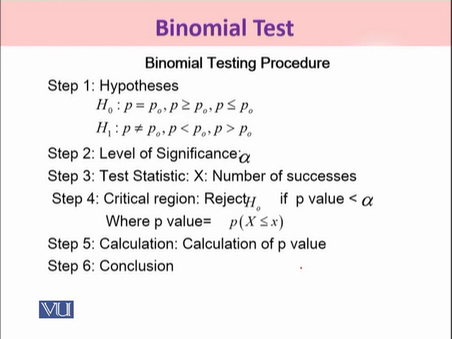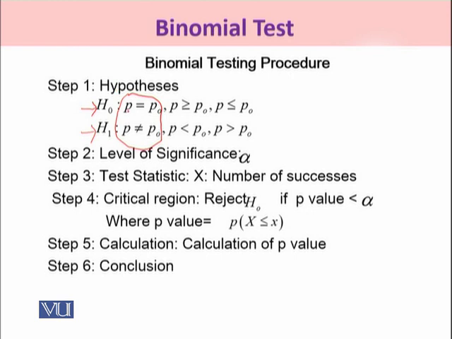Let us suppose we talk about step number 1. In step number 1, students, we formulate the hypothesis. Now, which hypothesis am I talking about? The null hypothesis, which is denoted as H0, and the alternative hypothesis, which is denoted as H1. In the null hypothesis, students, if I talk about the first pair, it is P equal to P0 versus P not equal to P0. Now, what is this P?